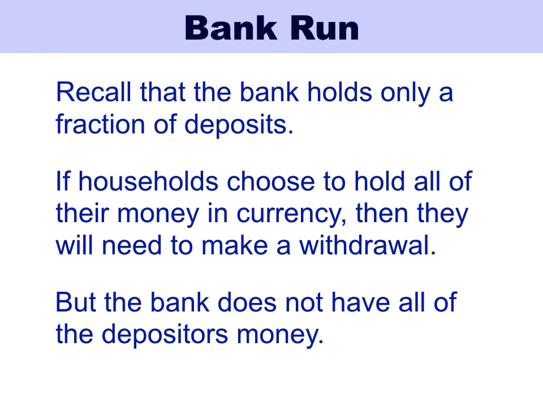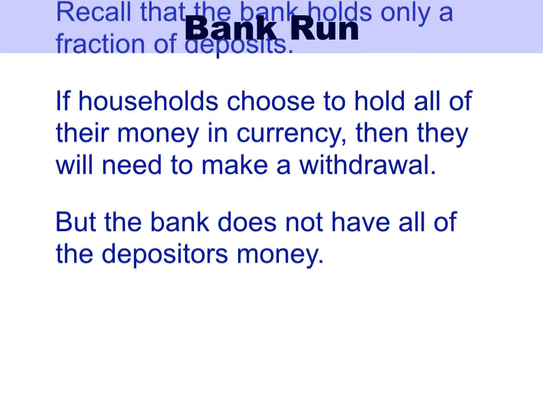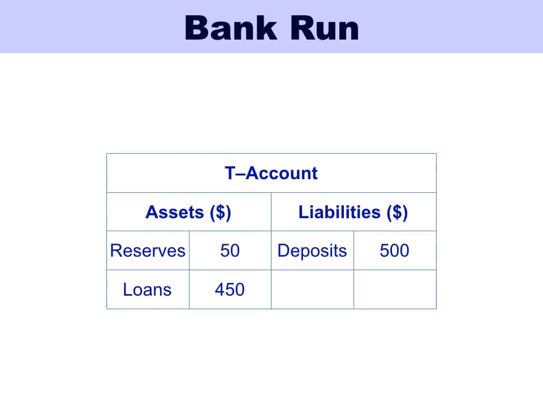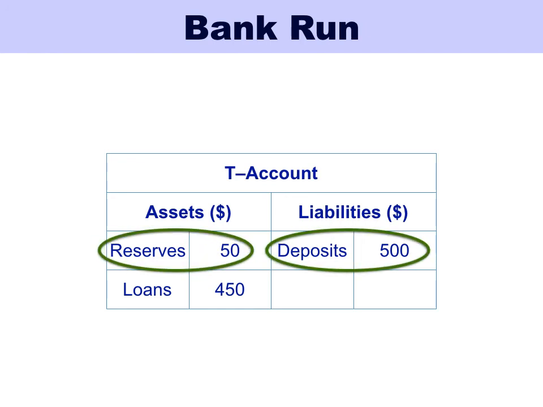They want their deposits. Taking a look at our T account, you have a lot of people going into this bank trying to get their deposits back. Hey, give me my $500. And then the bank is saying, well, we only have $50 of your money.